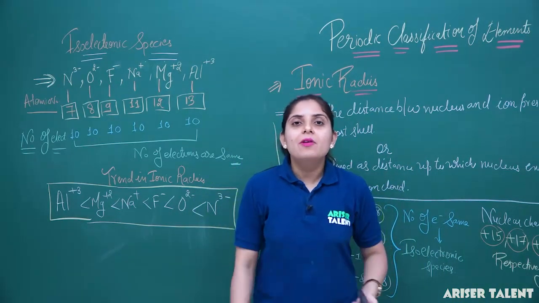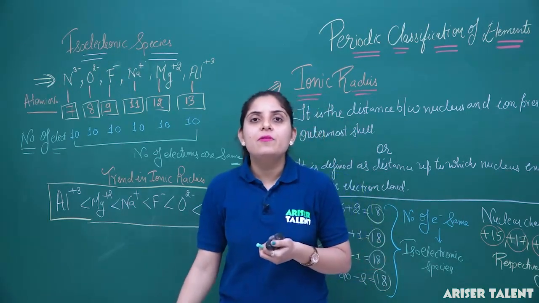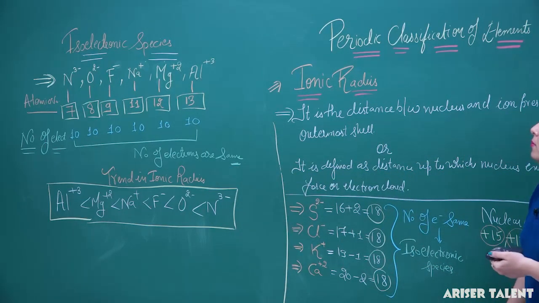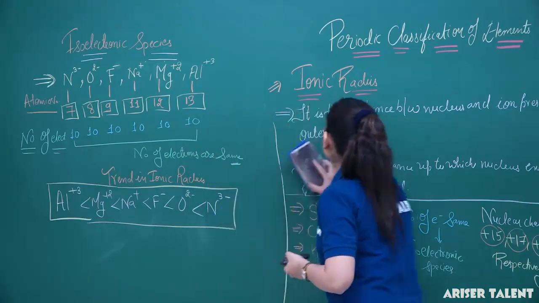Now let us have a look at the tabular description of how the ionic radius varies along the period and along the group. So now we will see the tabular description here.